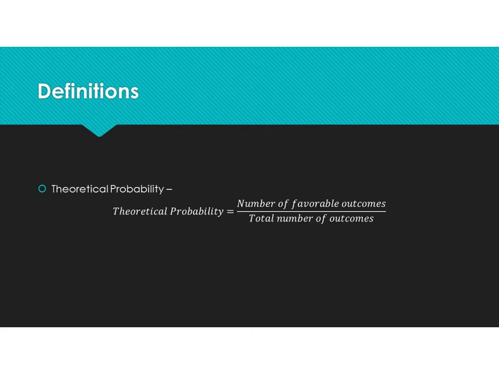There are 2 types of probability that we're going to talk about, and the first one is theoretical. So theoretical is in theory what should happen. To find your theoretical probability, you do the number of favorable outcomes over the number of total outcomes. So a lot of times you will see me shorthand that. I will just say favorable over total.